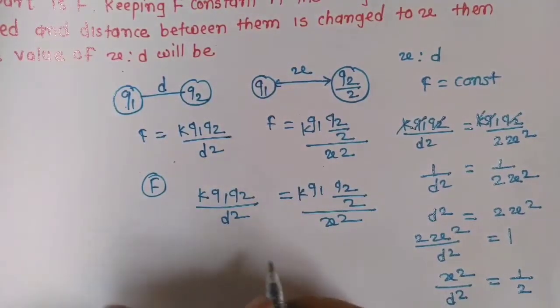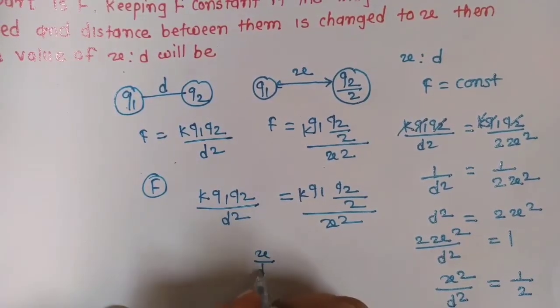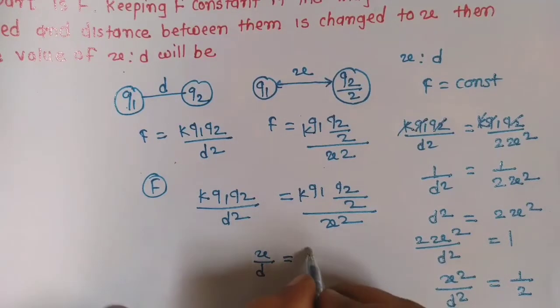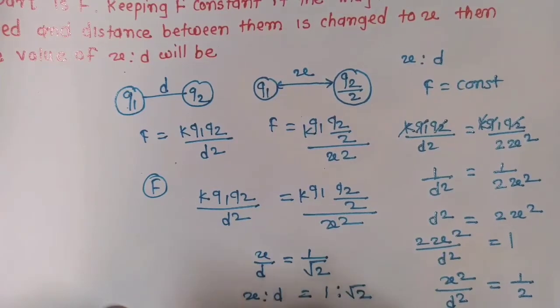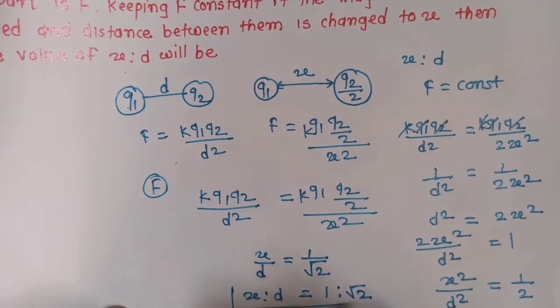Taking the square root, x by d is equal to 1 by root 2. So x as to d is 1 as to root 2. This is our answer.